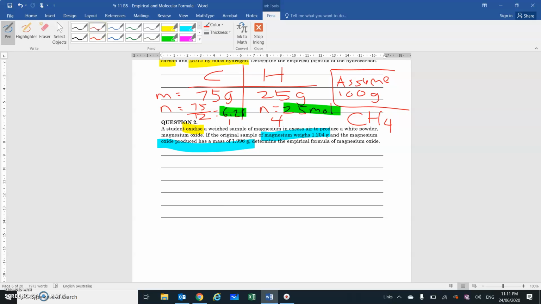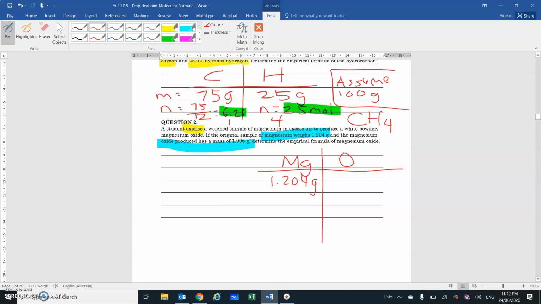So let's write down the information we have. We'll draw up this table. We have magnesium in our sample, and the mass is 1.204 grams. In this case we don't have percentages, we're automatically given it in grams. What else do we need to make magnesium oxide? We need oxygen.